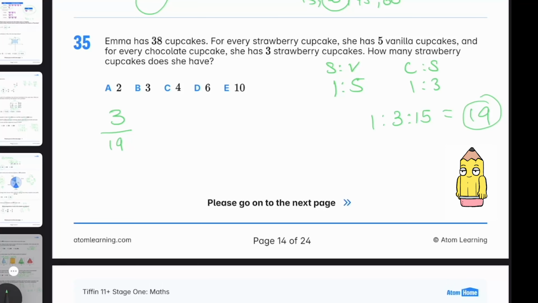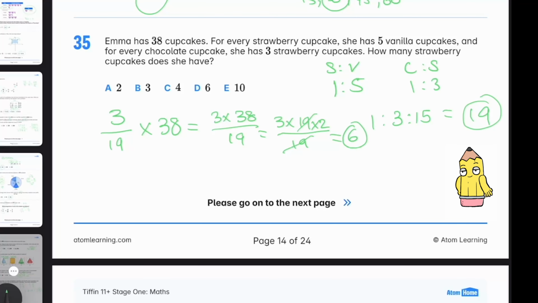And we need to multiply this fraction by the total number of cupcakes, which is 38. Now, the simplistic way to do this is by having 3 multiplied by 38 over 19. Or we can say 3 times 19 times 2 over 19, and we can just cancel out the like terms, which leaves us with 6. Therefore, Emma has 6 strawberry cupcakes.